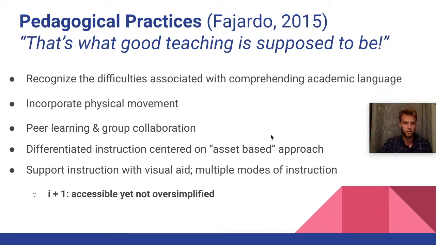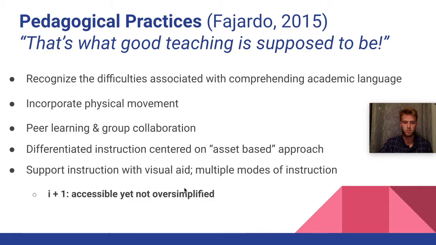But incorporating physical movement, multiple modes of expression and instruction is extremely important, because learning a second language and the memory connection to a physical movement or a visual image, anything interactive is extremely necessary, because it can't all just be learned from speaking or listening.